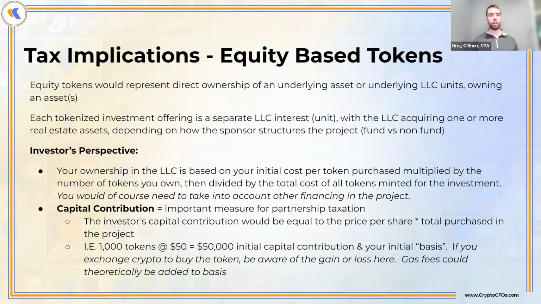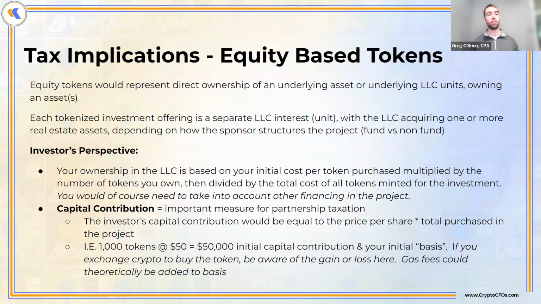So when someone's offering you a token as an investor to get into one of these projects, your ownership stake is going to be based on the number of tokens offered and sold, divided by the total of all minted tokens for the investment. What we've also seen to be a little bit tricky is, let's just say there's 10,000 tokens offered and I got 5,000 of them, great, I own 50%.